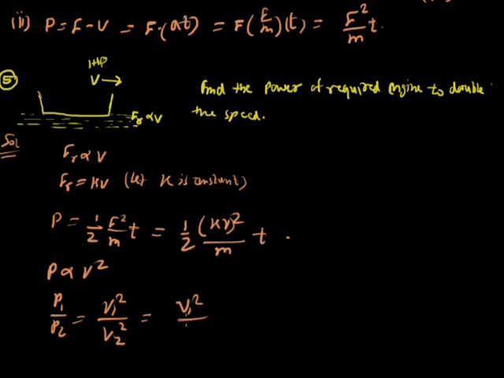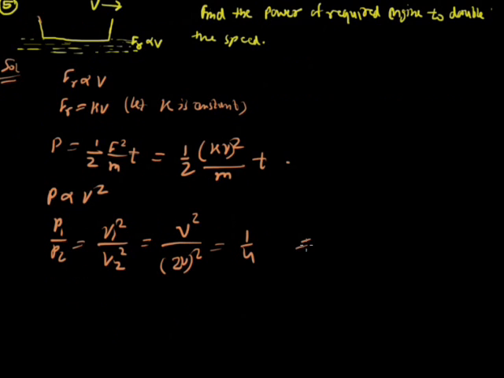V1 is V, and when the speed is doubled, V2 will be 2V. So it would be 1 by 4, and by solving this we can find P2 is equal to 4 P1. Means to double the speed you need to increase the power by 3 times, so the total power will be 4 times the initial power.